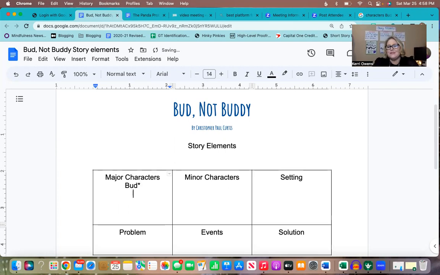But we also had some other characters that were really key to the story, that the story really revolved around. So Bud, of course, the main character, but he was in search of who he thought was his father, which we know turned out to be his grandfather, and that was Herman Calloway.